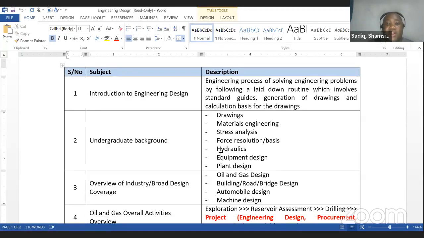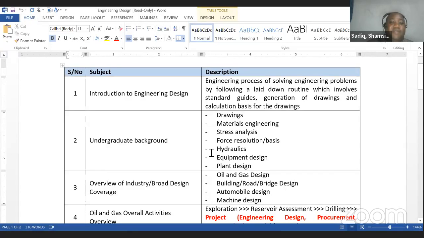Like drawing: as somebody that wants to do design, or is doing design, you must be very comfortable with reading and interpreting drawings, able to see in 2D and 3D, have a very good grip of material engineering, and be very comfortable when they are discussing stress drivers. These are common things you work with on a daily basis.